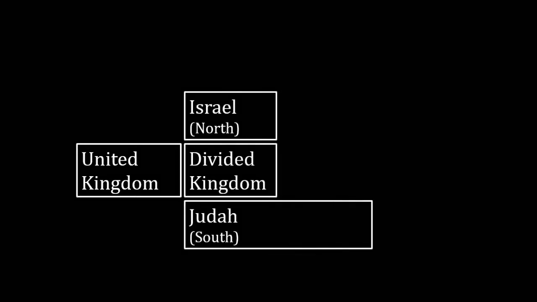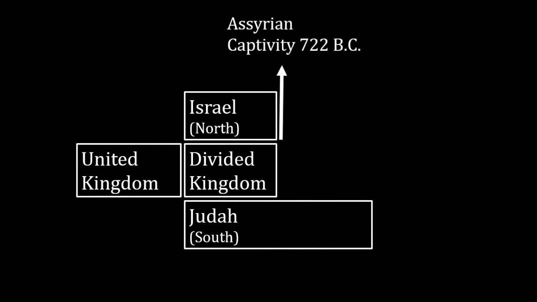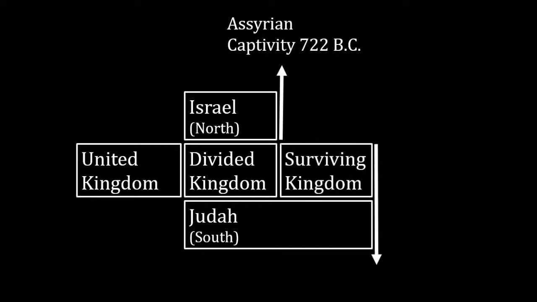So let's look at the broad picture, the big scope. When we look at the layout and the framework, most of the prophets that we've covered were during the divided kingdom, Israel in the north, Judah in the south, and we talked about the Assyrian captivity in 722 BC, and then the surviving kingdom, but they're going to be taken off into captivity into Babylon in 586 BC, and that is not the first wave.